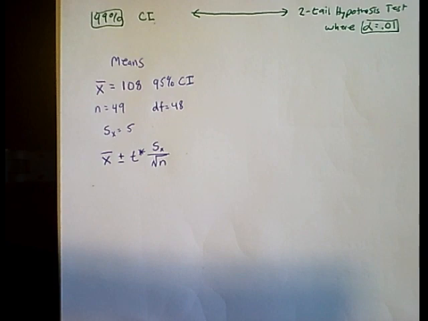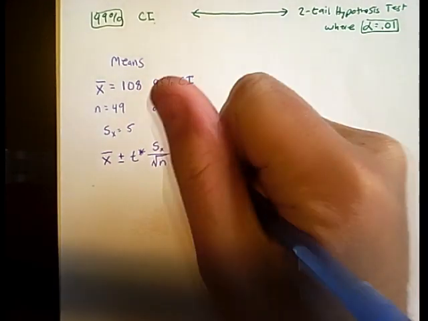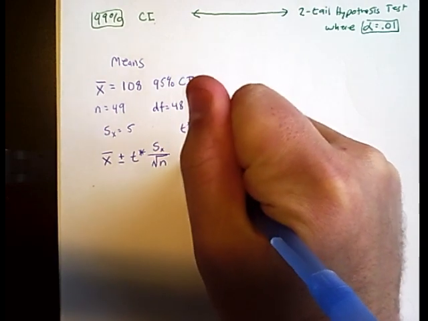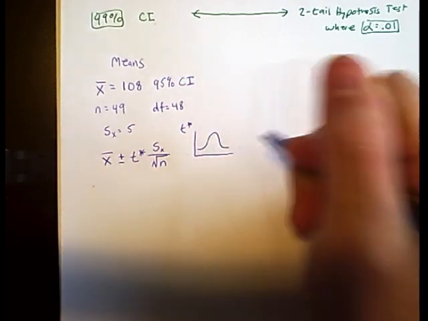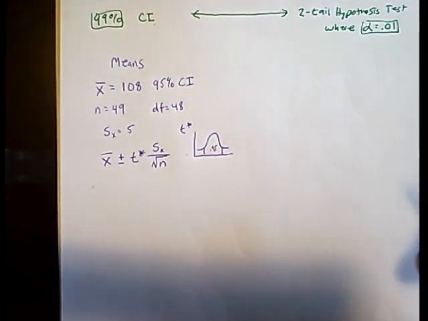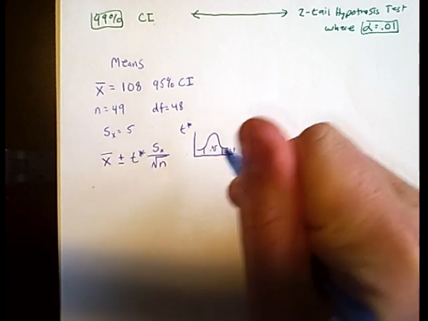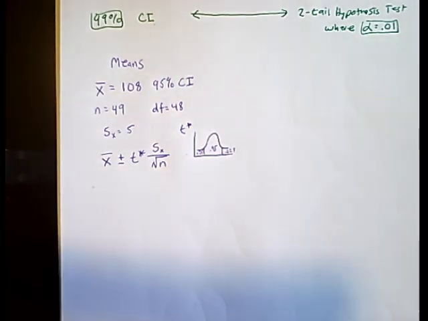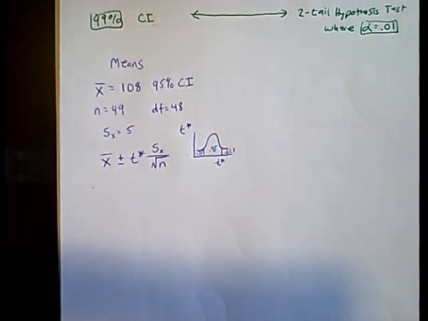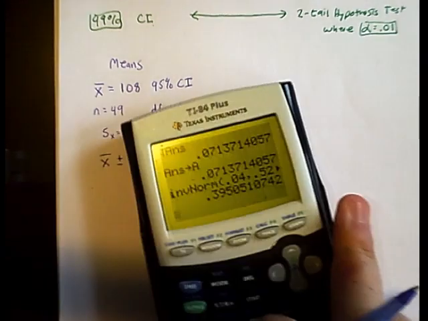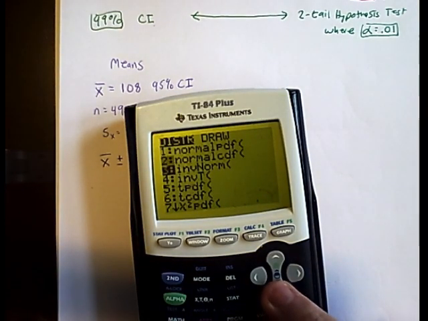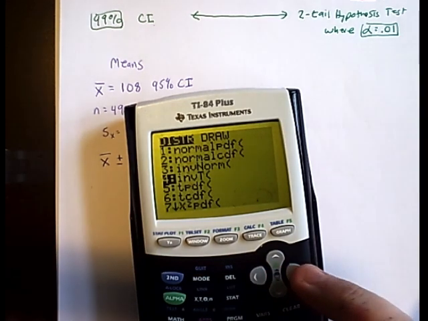How can I figure out what the t star is? I can use my calculator. If I take a 95% confidence interval, that middle part is 95%, so there's 2.5% left in each tail, and this would be the location of my t star, my t critical. In my calculator, I go second distributions, and we want inverse t.